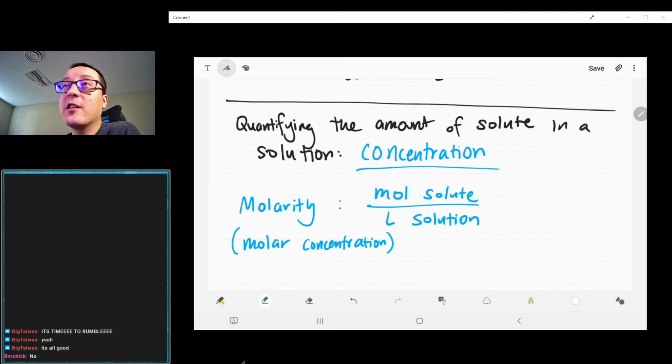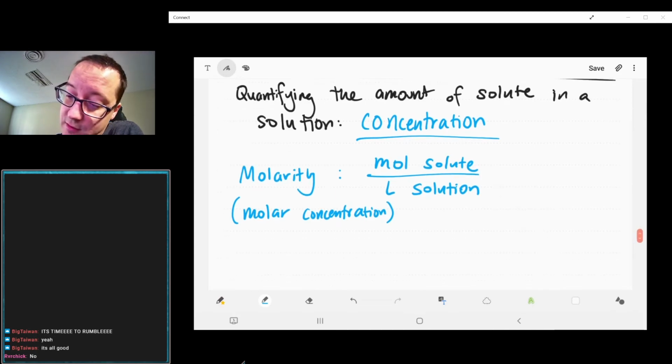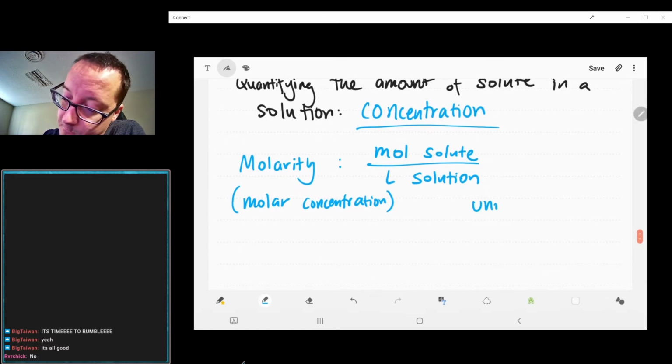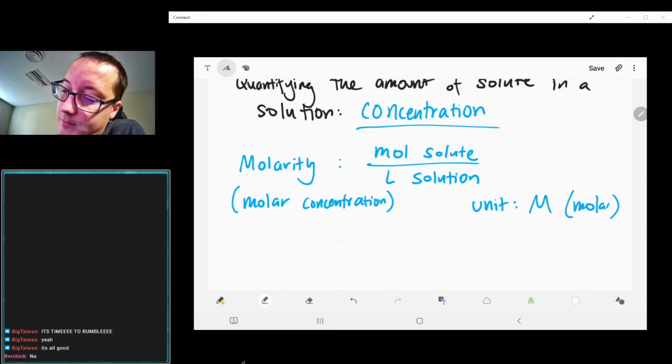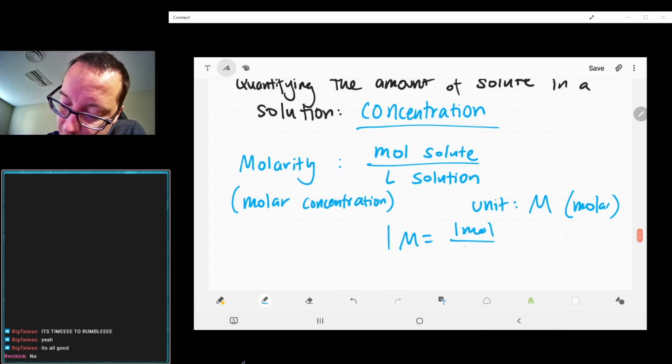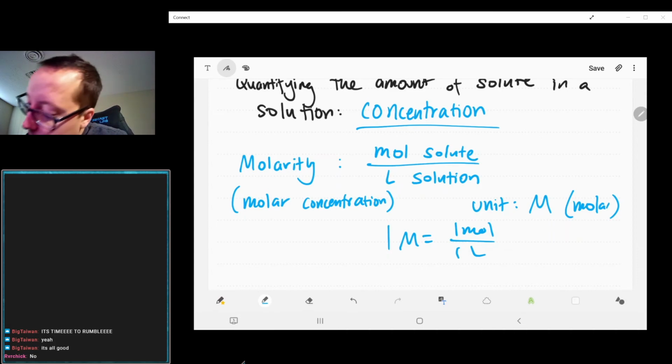This is a very common way of doing that. And we use the unit of capital M, which we would say is molar. And 1 molar equals 1 mole for 1 liter. There we go. This is the most common unit that we use.